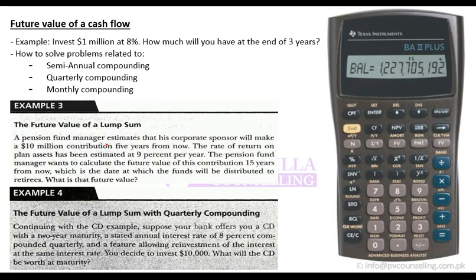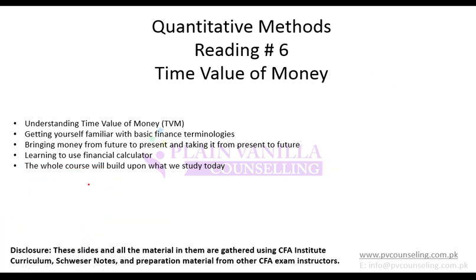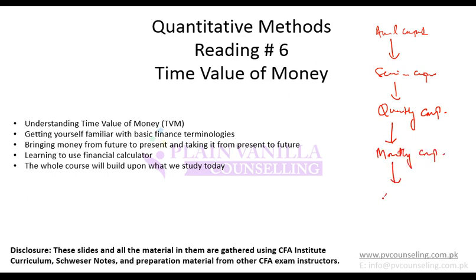So this is about compounding and future value. We discussed that if you have semi-annual compounding, your return will be higher than annual compounding, and if you have quarterly compounding, your return will be even higher, and if you have monthly or daily compounding, the return would be even higher, and if you have continuous compounding, the return would be even higher.